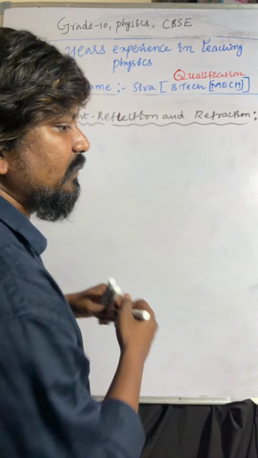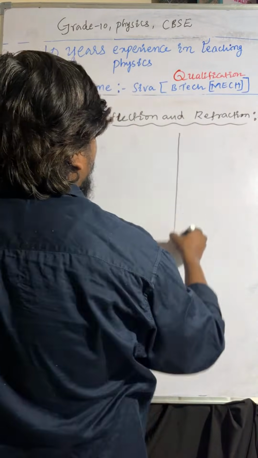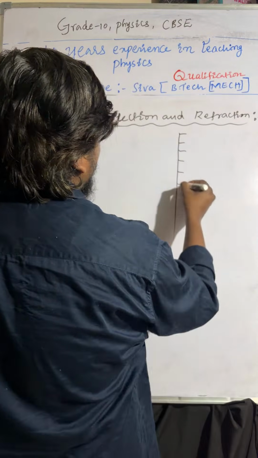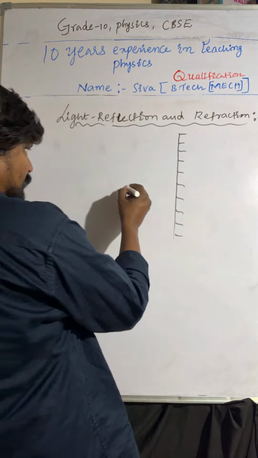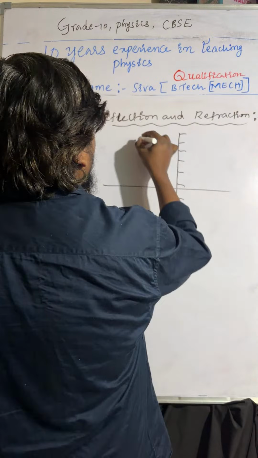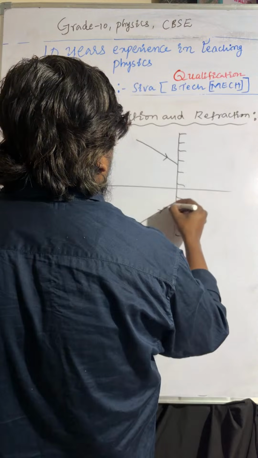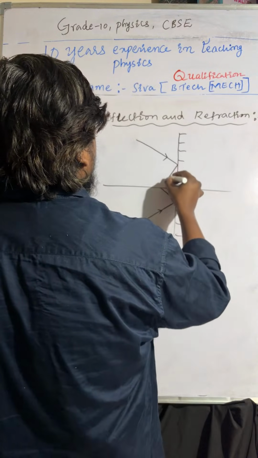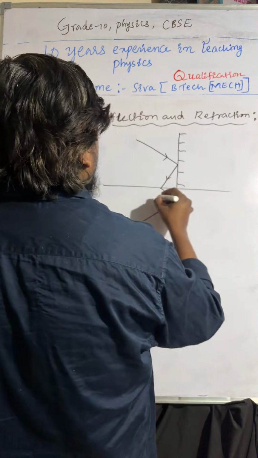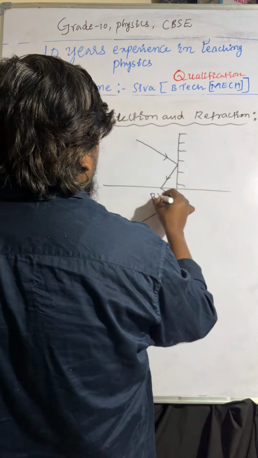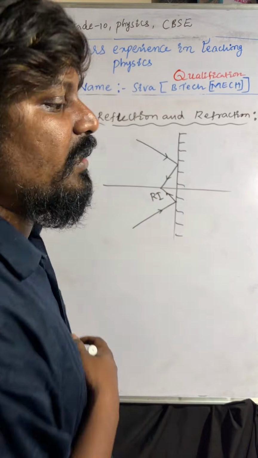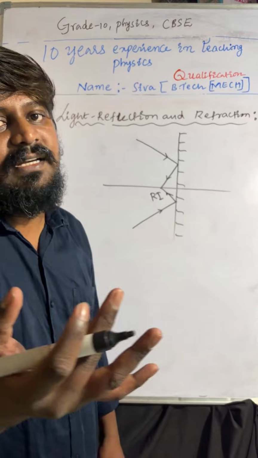Here I'm taking the plane mirror. I am considering light rays coming from this point, and after reflection those light rays meet at one point. Here is the real image, the point of intersection of reflected light rays.